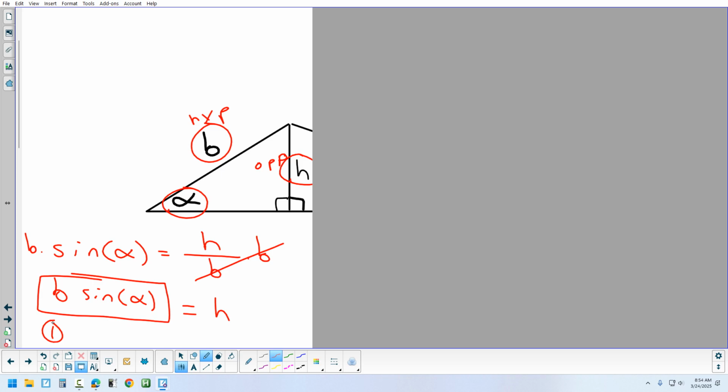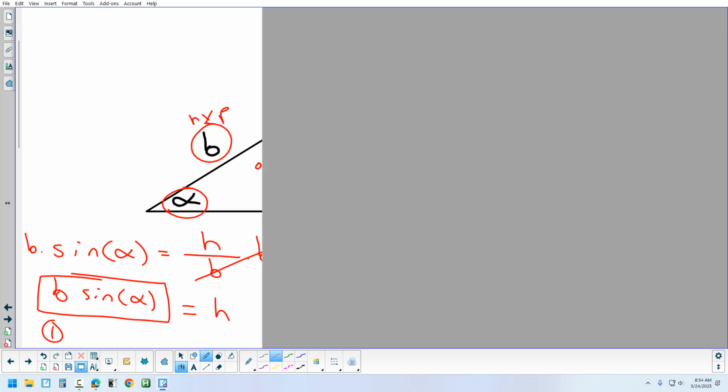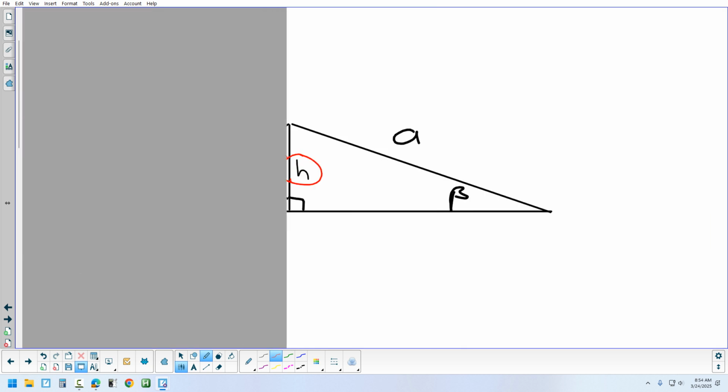Because we're going to do the same thing again, but we're going to do it with the right side now. For now, we'll come back to the left side in a minute. Let's use the right side. So this time, I'm going to focus on H, beta, and A. Now, if you were standing at beta, what position is side H this time from beta?